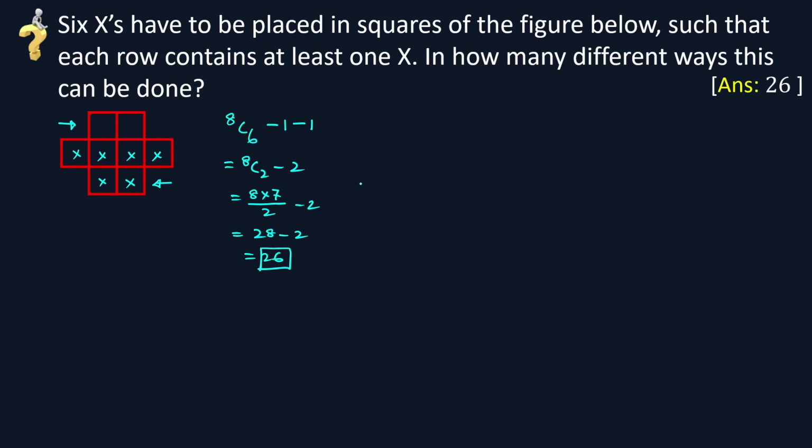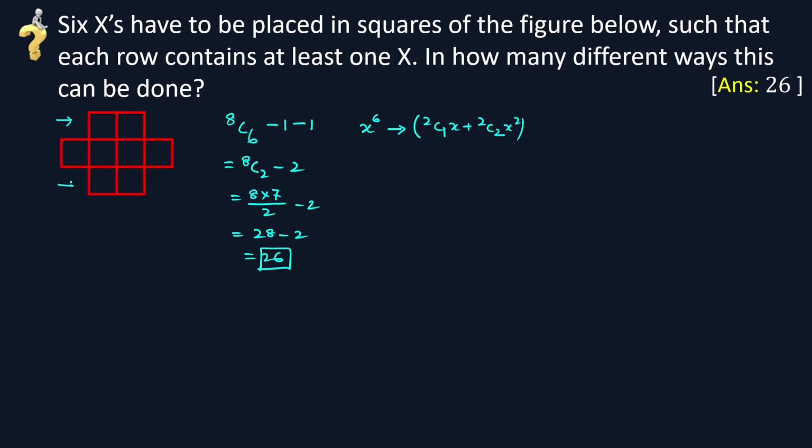Now let us try to use the multinomial theorem. Here, the total number of ways will be the coefficient of x to the power 6 in the expansion of, let me erase this first. Let us first consider the first row. So from here, either you can choose one square or you can choose two squares.